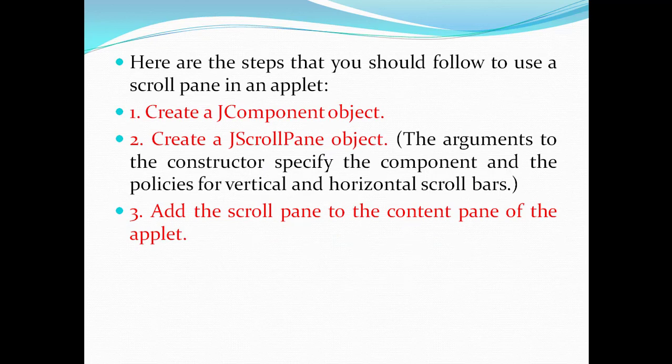Here are the steps to follow to use a scroll pane in an applet. First step, create a JComponent object. Second step, create a JScrollPane object, and to the constructor we pass the arguments: specify the component and the policies for vertical and horizontal scroll bars.